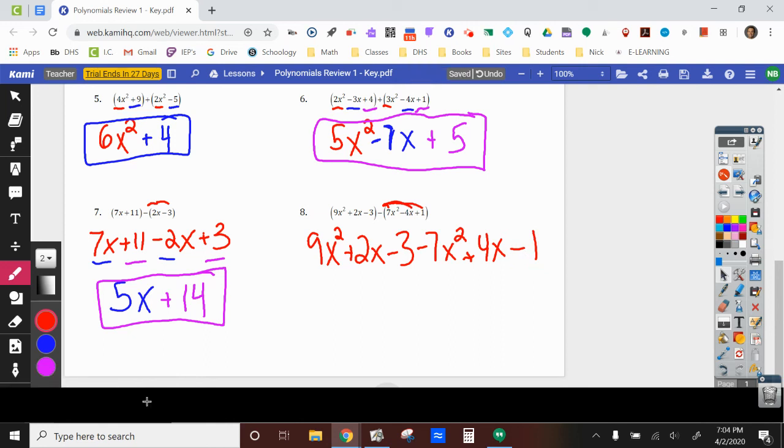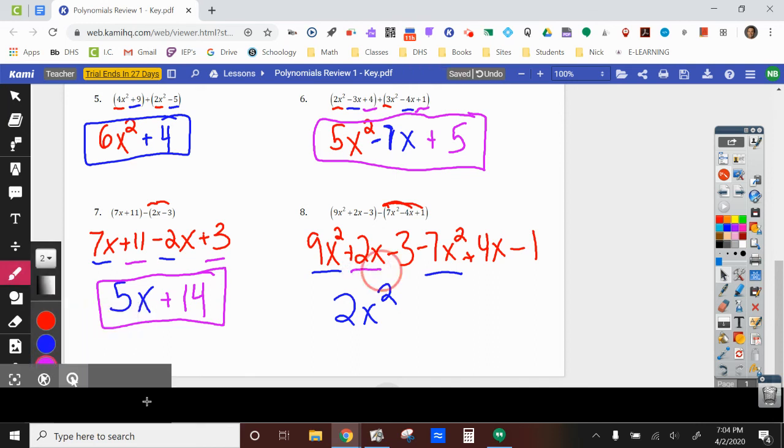So now that I dropped the parentheses and distributed that minus sign to my second set of terms, I'm ready to combine like terms. So I have 9x squared minus 7x squared. This 7x squared is really a negative. If I take 9 minus 7, I'm going to get 2x squared.